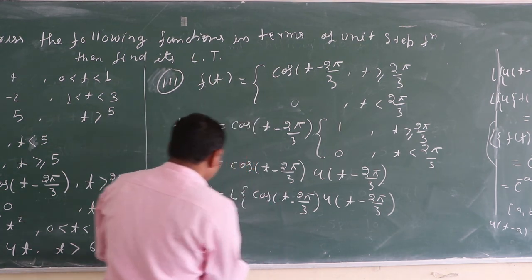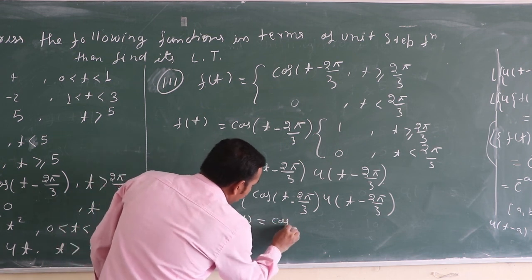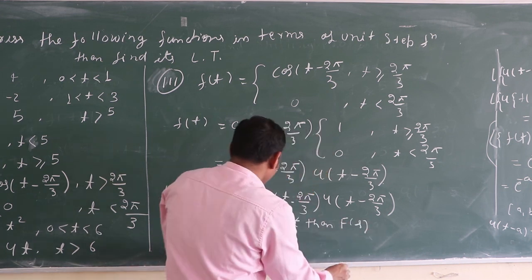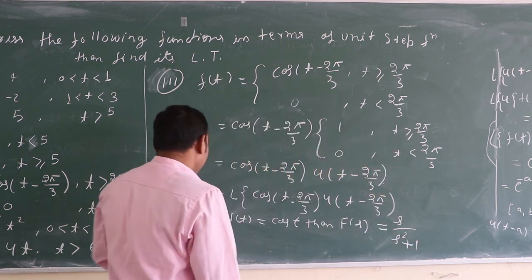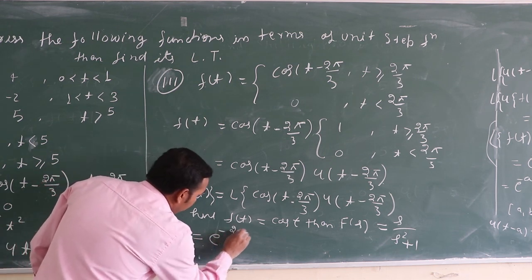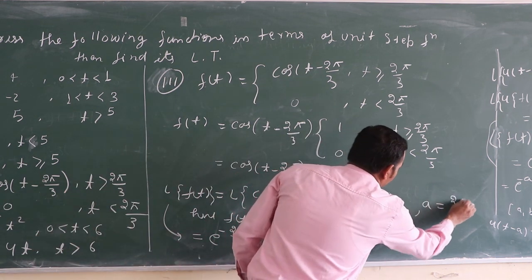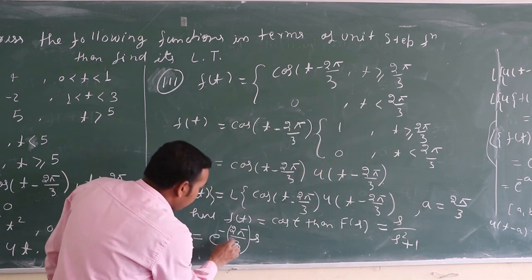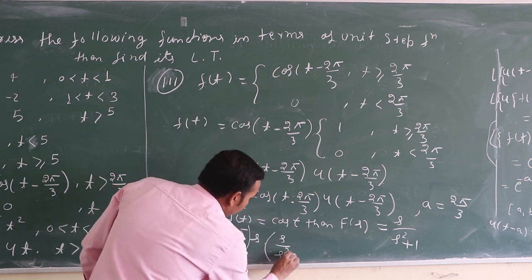So here f of t equals cos t, then F of s equals s upon s squared plus 1. So Laplace of this is simply e to the power minus 2 pi s upon 3, here a equals 2 pi upon 3, times F of s, that is s upon s squared plus 1.